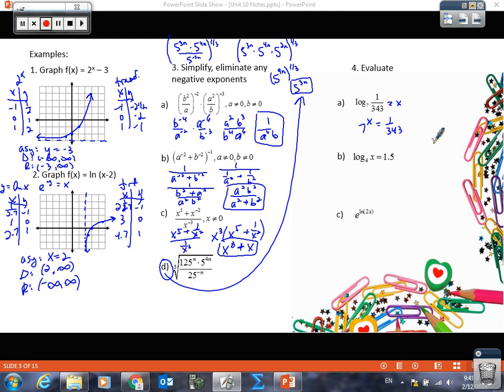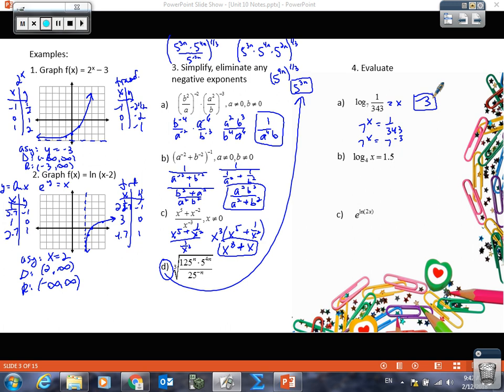So really, it's 1 over 7 cubed, so that would be 7 to the negative 3. So 7 to the x equals 7 to the negative 3. My bases are the same, so I can ignore them, and x is negative 3. My answer is x, so my answer is negative 3.